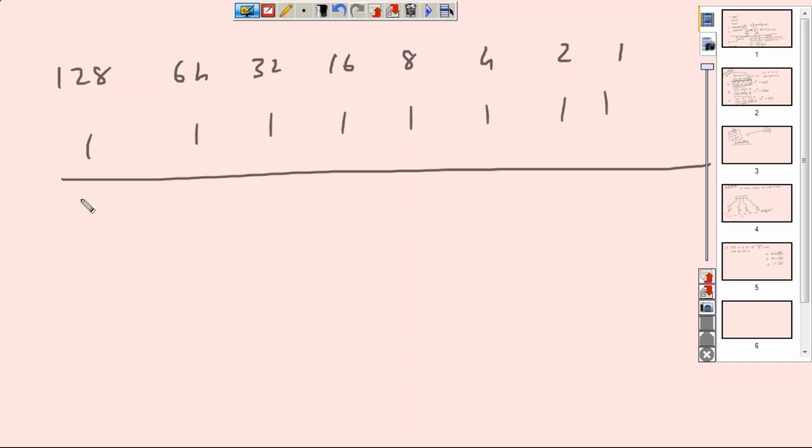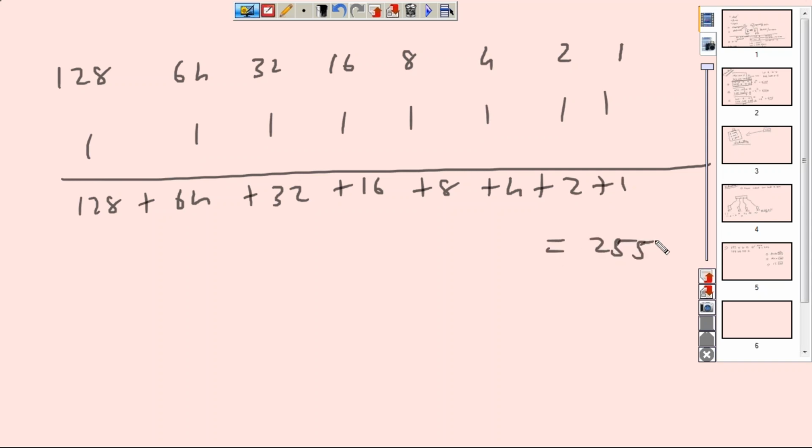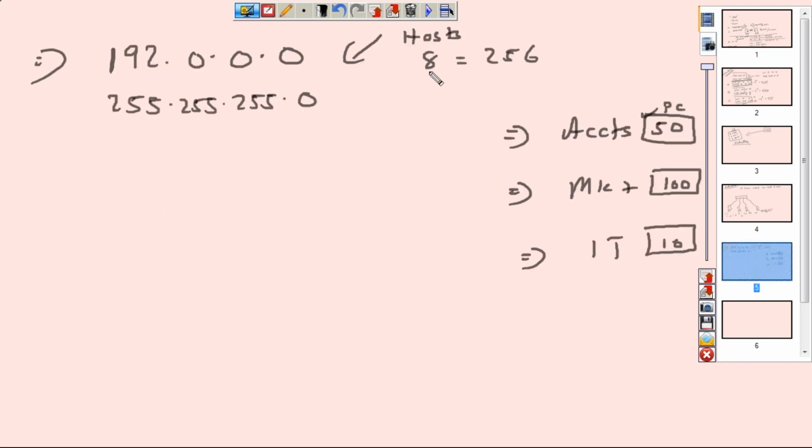Which, if I look at it, I should get 128 plus 64 plus 32 plus 16 plus 8 plus 4 plus 2 plus 1 to give you a total of 255. That's what we have right now. Isn't that what we have here now? Yes. All right. Now the question is, for 50 PCs, how many do I need?